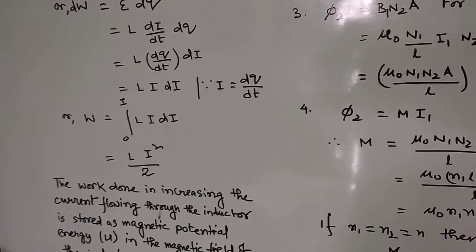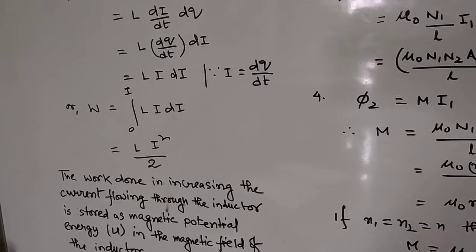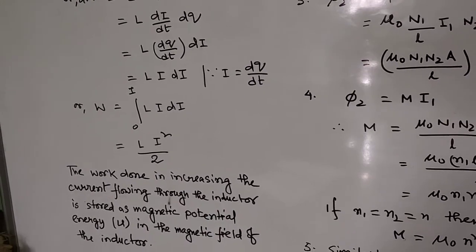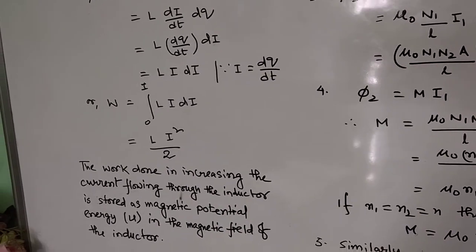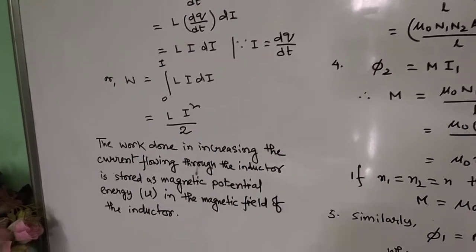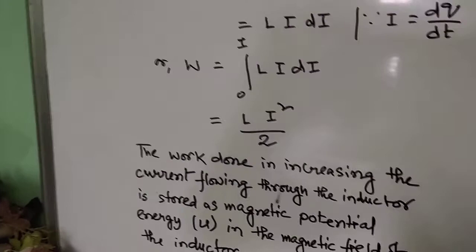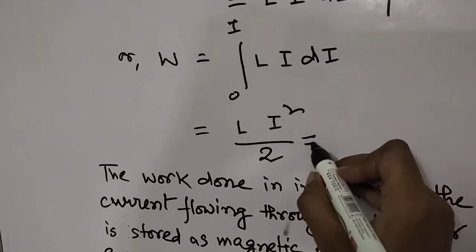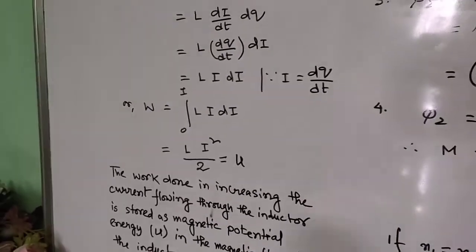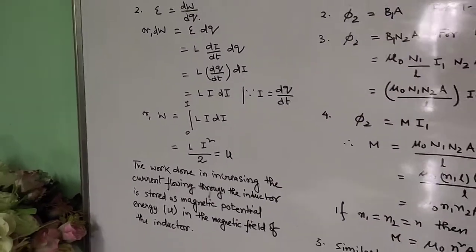So you see the work done in increasing the current flowing through the inductor is stored as magnetic potential energy U in the magnetic field of the inductor. So U equal to L I square by 2.